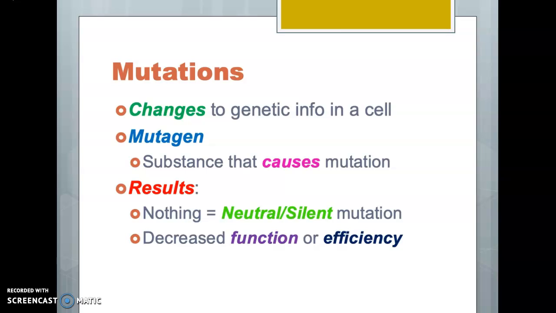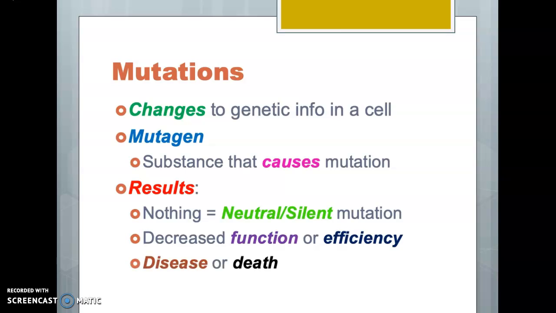Sometimes the mutation causes a decrease in the functioning or efficiency of the protein. So it doesn't cause the cell to die, it doesn't cause cancer, it just means that the protein, whatever it is, maybe it's something like a digestive enzyme, is just not as good at doing its job as what it should be.